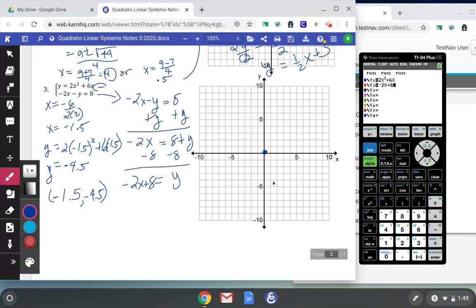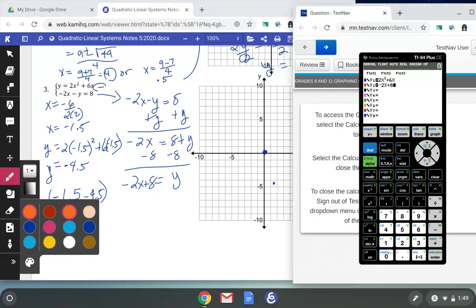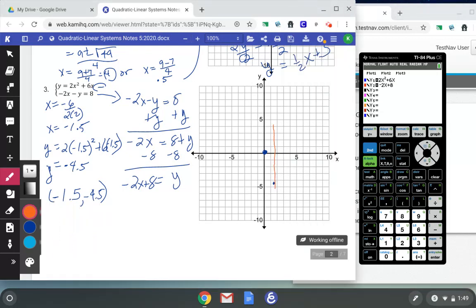Okay. I also know that this is my axis of symmetry. Okay. So if I have this point, that's 1.5 units to the left of my axis of symmetry. I can also plot a point right here. That's 1.5 units to the right.